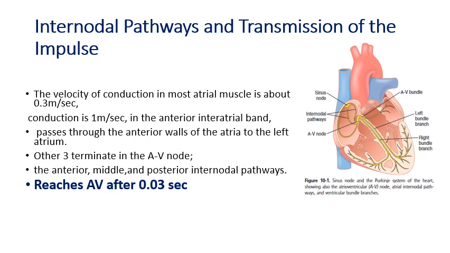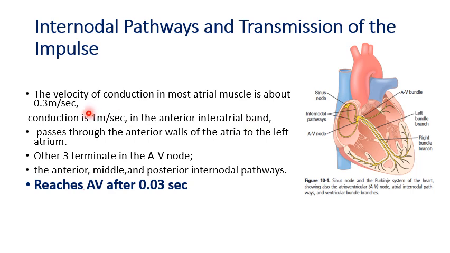The velocity of conduction in the atrial muscle is about 0.3 meter per second, okay? But in the internodal pathways that we talked about, it's faster. It's about 1 meter per second. We have an anterior interatrial band.